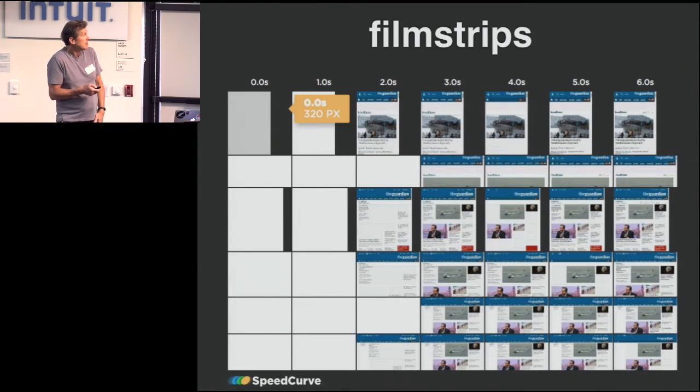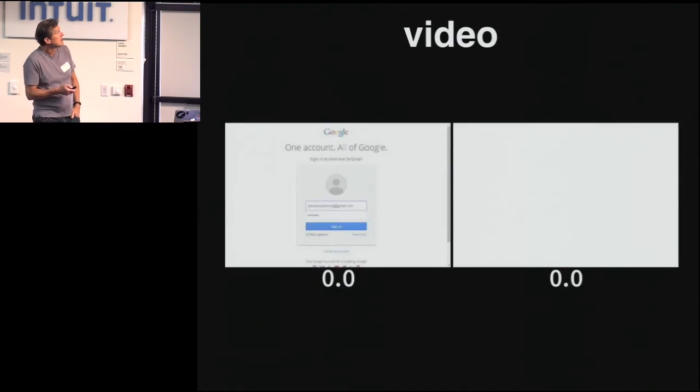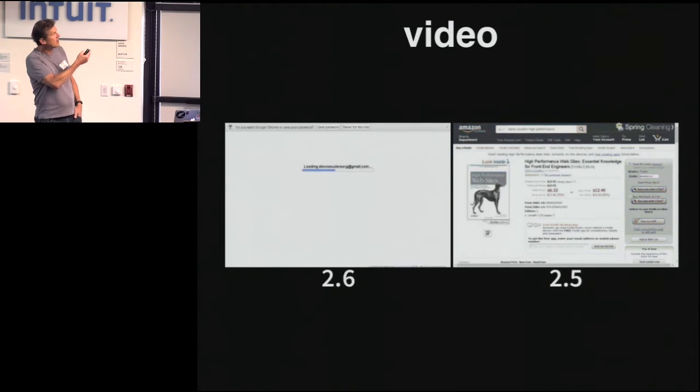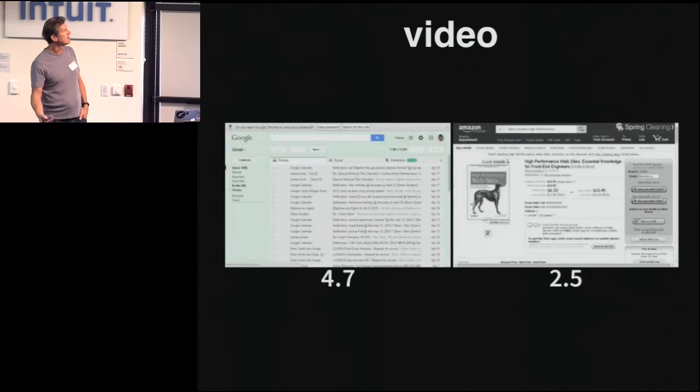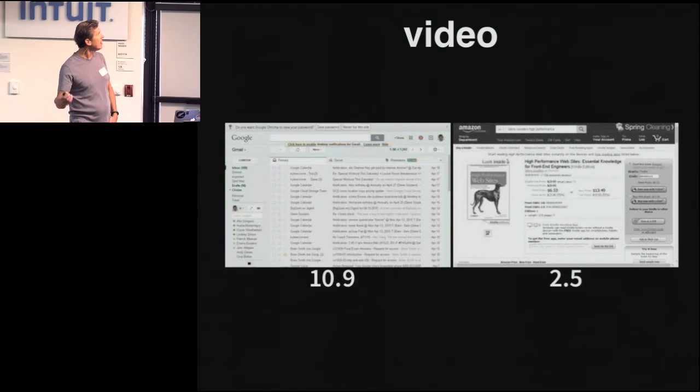If pictures are worth 1,000 words, video is worth, I don't know, 1,000,000 words. Here's Gmail versus Amazon. Amazon's done. Finally, Gmail renders, but it's still not done. We're waiting for that pesky chat widget, and there it is. Right? You do this with your site and your competitor's site.